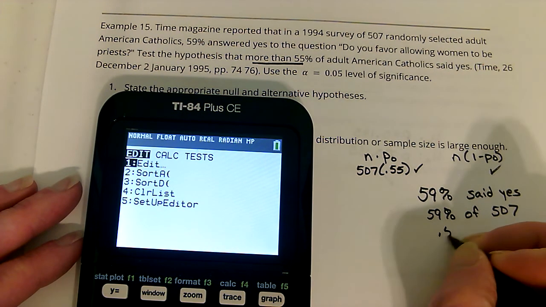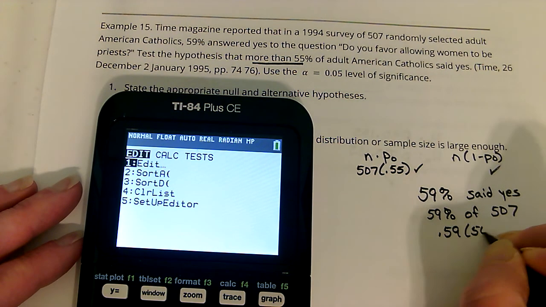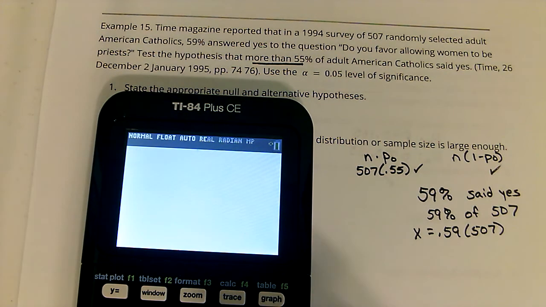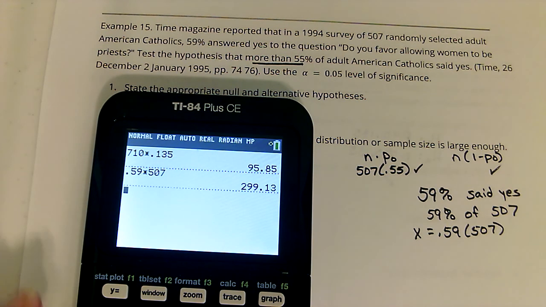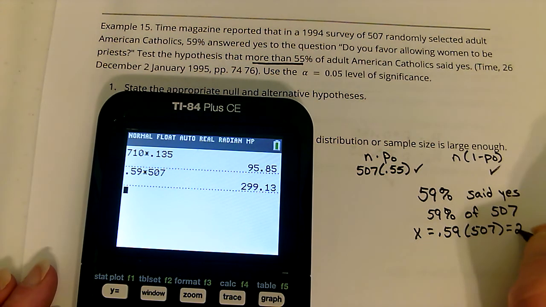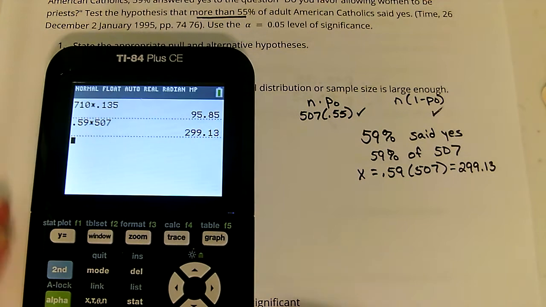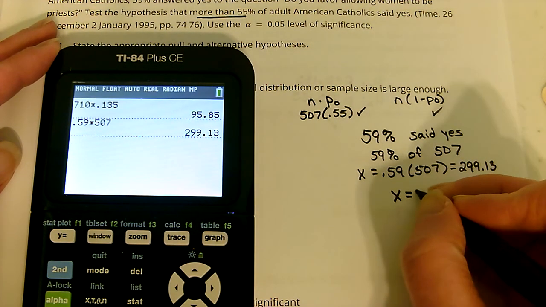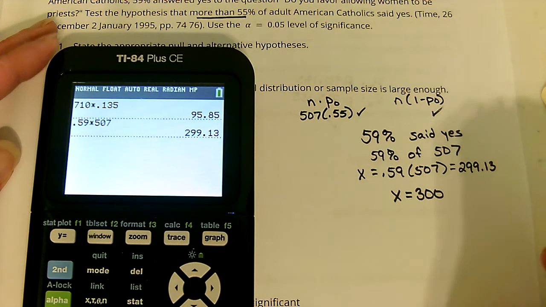So 0.59 times 507 is going to give me that x value. So let's do that real quick. 0.59 times 507 gives me 299.13. Well, I don't have 0.13 of a person. So when I put this in the calculator, I'm going to make that 300.